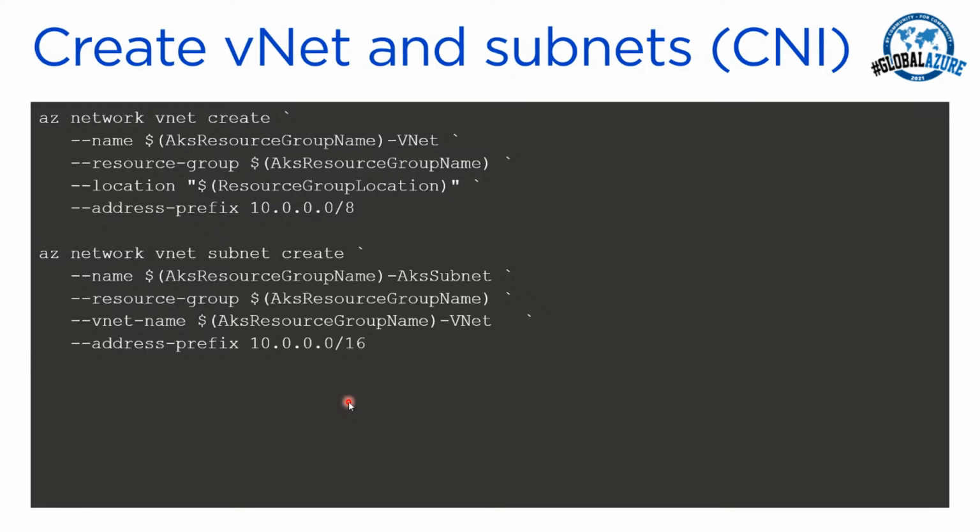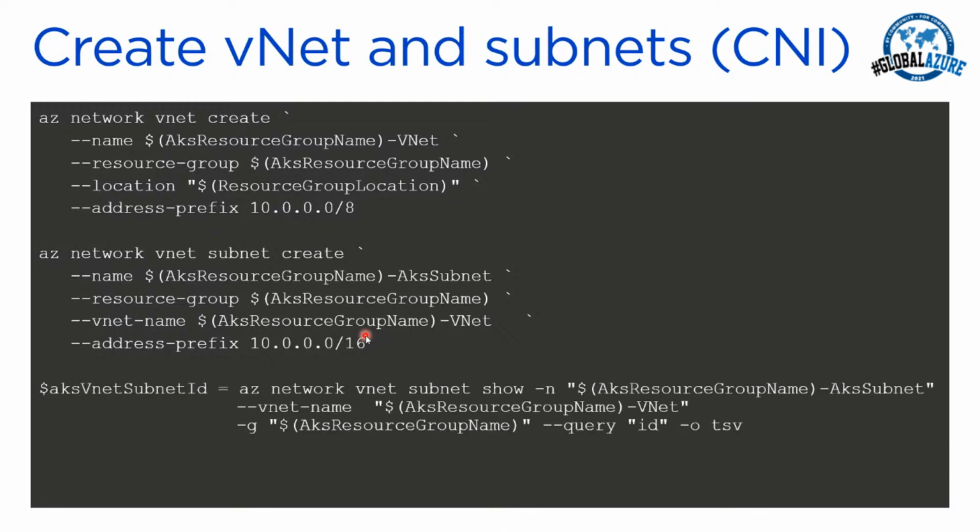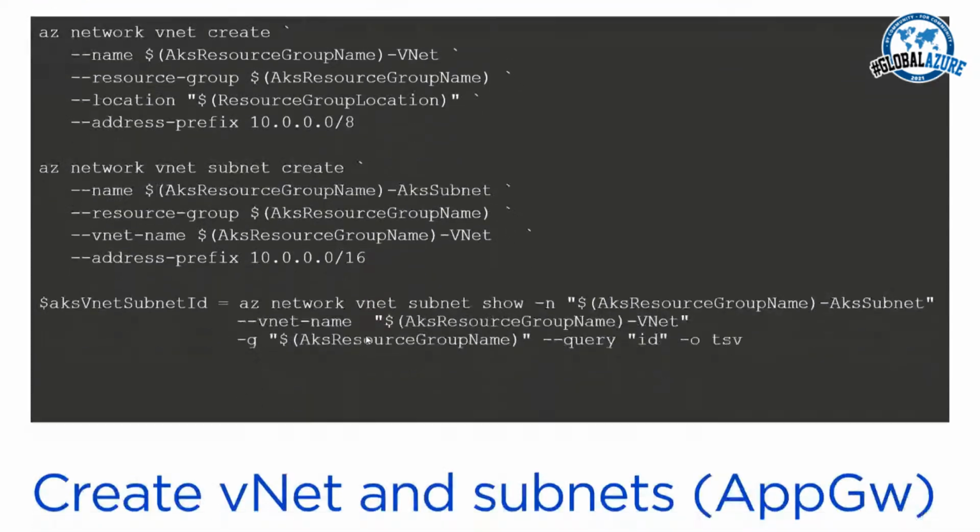All the nodes with their pods will be placed in this /16 subnet. We need to create them and then provide them during cluster creation, and we can export the subnet IDs, etc., because we need them later on.